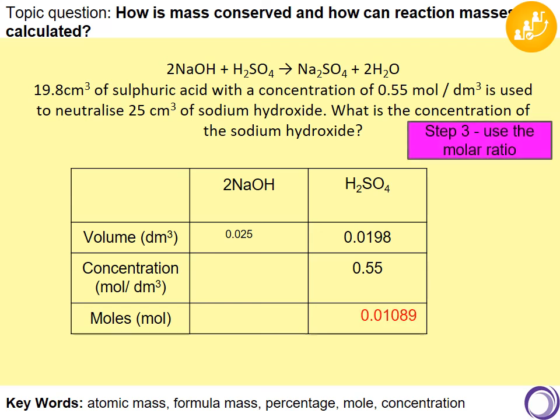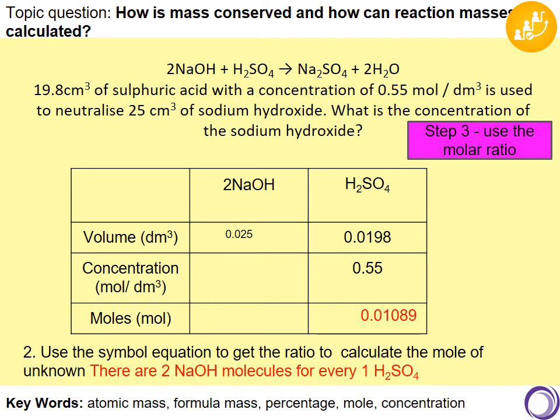Right, I now know how many moles of sulfuric acid I've got. If I look at the equation, I can see that it takes 2 moles of sodium hydroxide to react with every mole of sulfuric acid. I use an arrow going from what I already know, the moles of sulfuric acid, to the thing I'm trying to find out the moles for, and on the bottom I put the number of moles that I've come from, and on the top the number of moles that I'm going to.